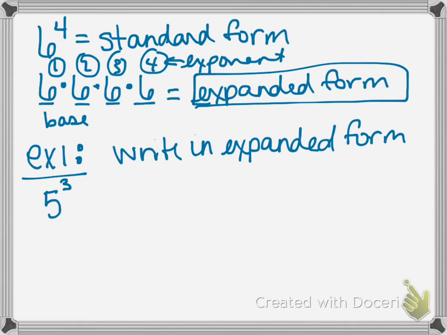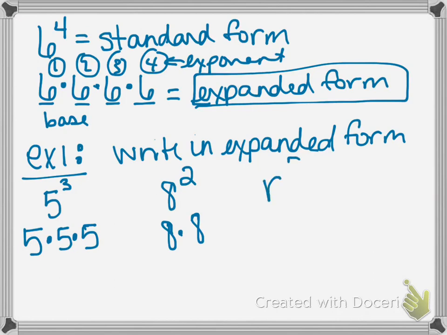Hopefully, you've written 5 times 5 times 5, and I want you to notice I used a dot for multiplying. 8 to the 2nd power, take a minute and write that out in expanded form. Hopefully you've written 8 times 8, and if I'm going too fast, feel free to pause the video so you have time to do this.